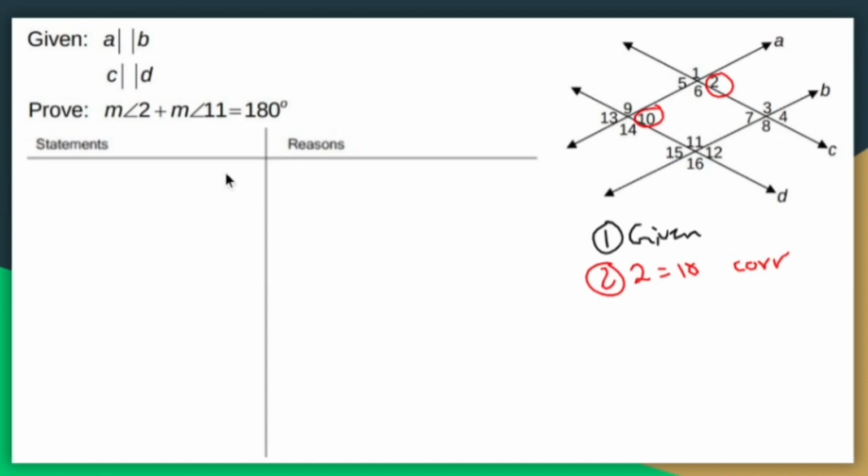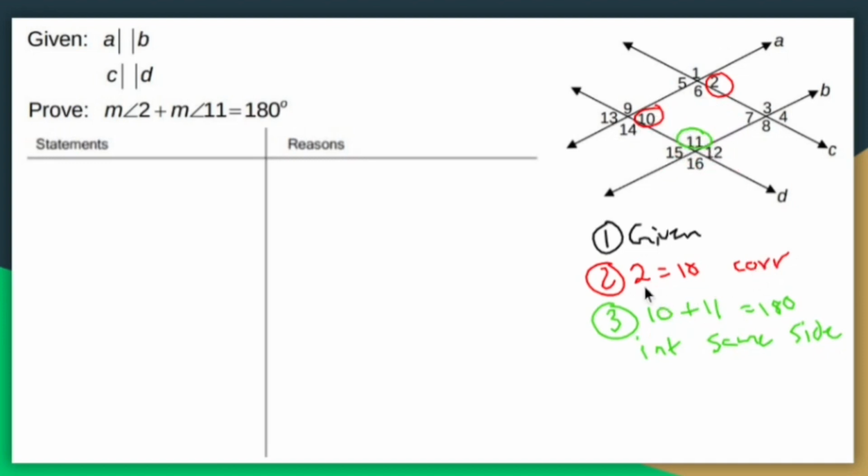Can I get from 10 to 11? Not really, but what I can do is I can say that since C and B are parallel, 10 plus 11 is 180. And that's because the interior same side angles add up to 180.